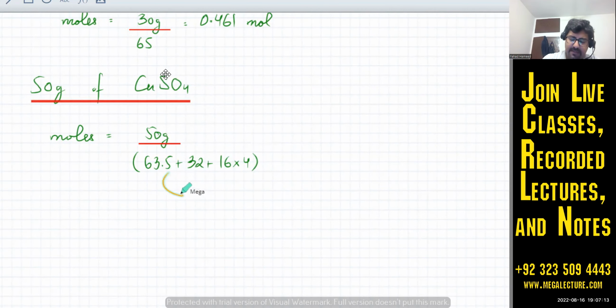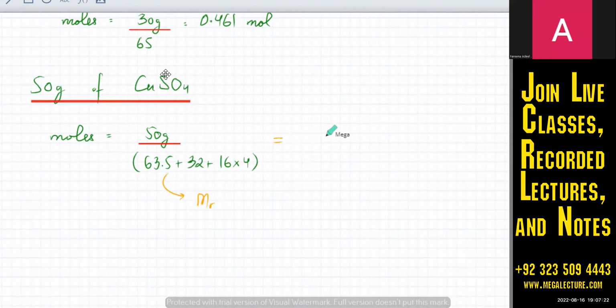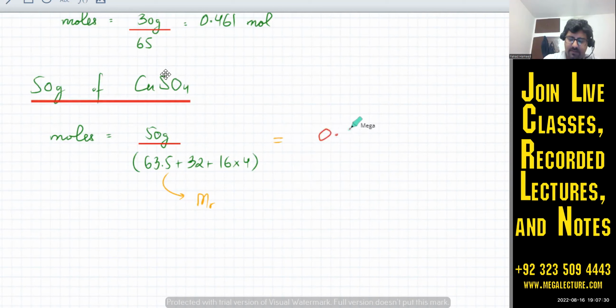That's how you calculate the Mr. So how many moles do you get for this? 159.5. Oh, in total 0.313. So we're getting 0.313 moles.